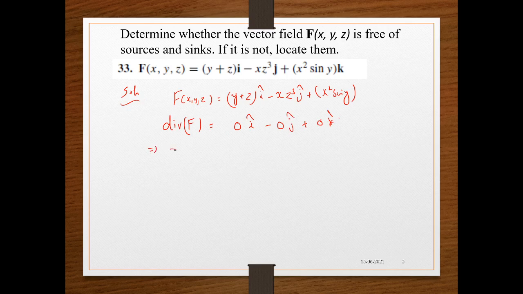So divergence of F is 0 for all points x, y, z. If you take any point, the divergence will be 0. Therefore, we say that F is free of sources and sinks. So there is no point of source, no point of sink. All points are free from sources and sinks.